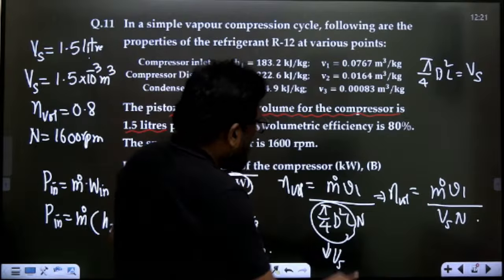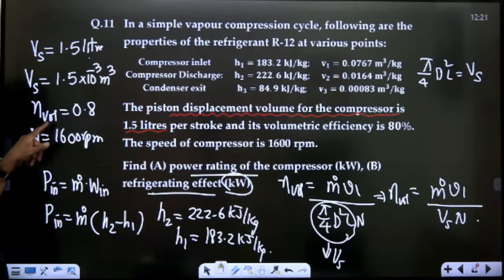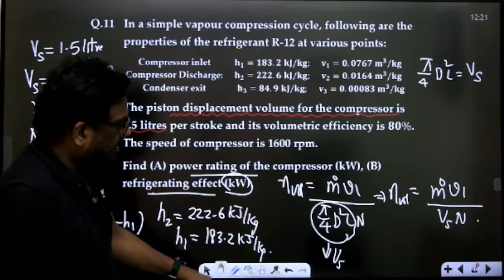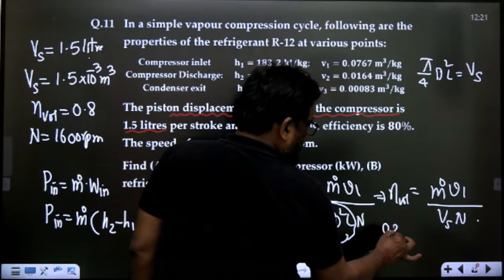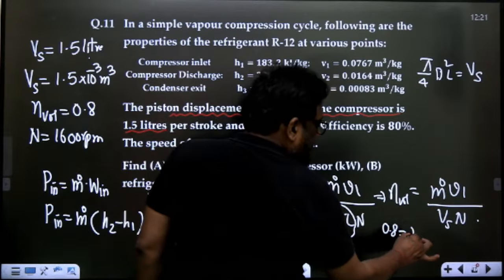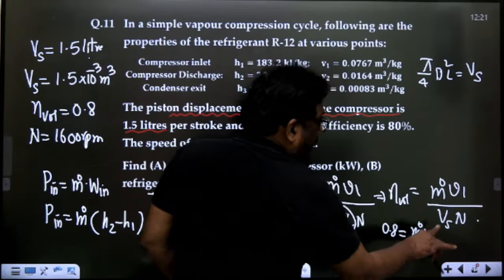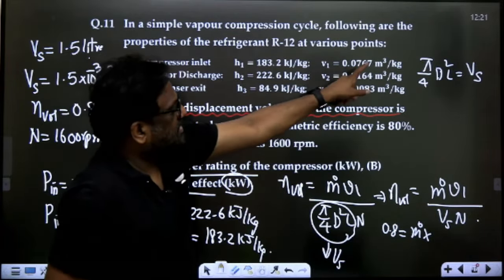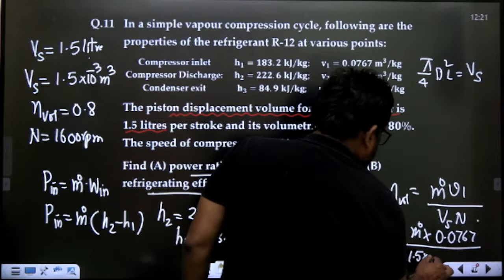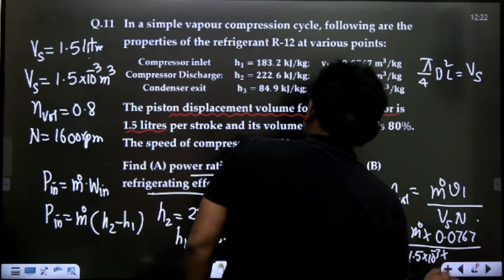So calculate, sir. What is the volumetric efficiency given? It is 0.8. So the volumetric efficiency is 0.8. Mass flow rate I don't know. v1 is already given, v1 is 0.0767 and the swept volume is 1.5 into 10 power minus 3, is it 1.5?